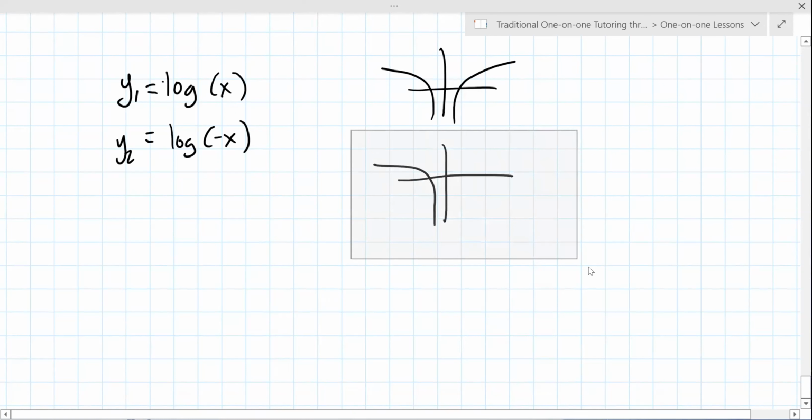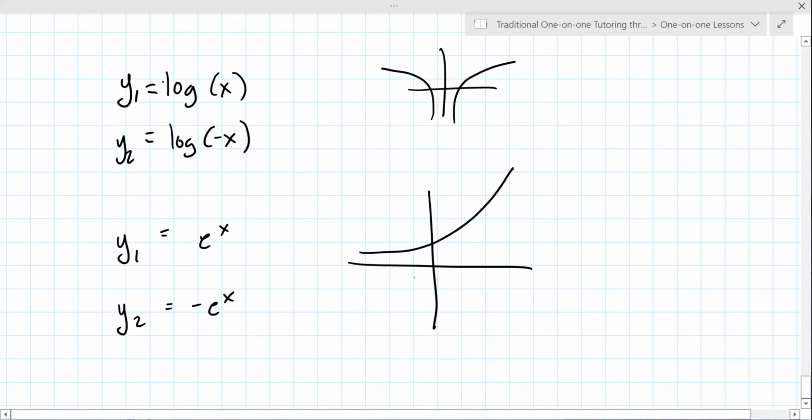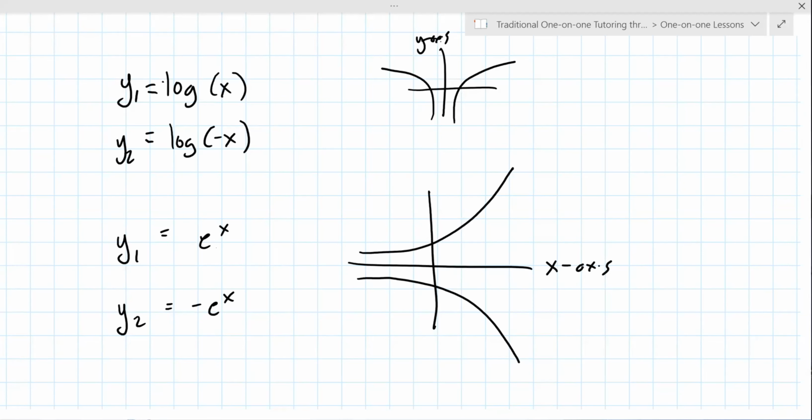That may help if you're not sure, but only graph one at a time. So it'd be like e to the x versus e to the minus x. e to the x looks like this, and e to the minus x looks like this. That could help you because they're binary, like heads or tails, it could go either way, and it's easy to misremember.